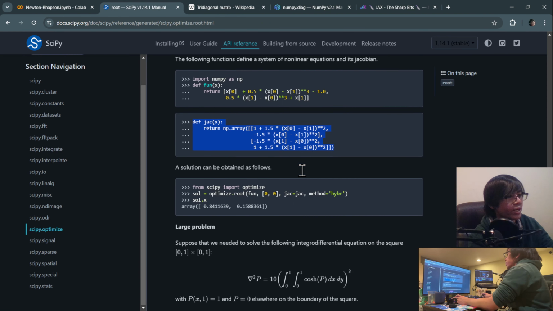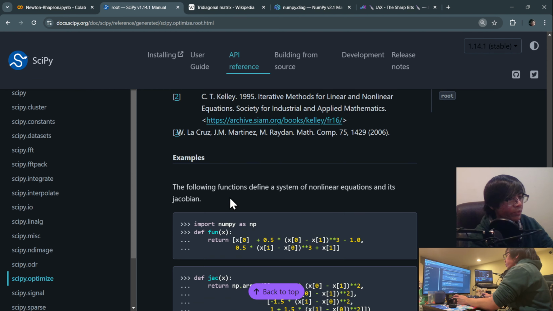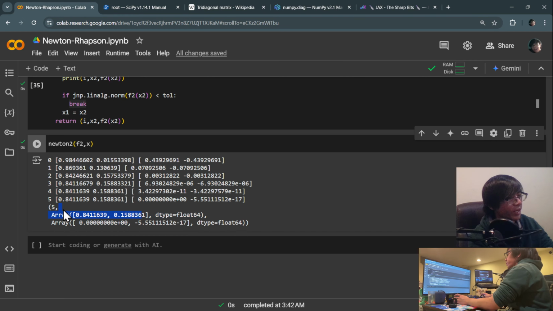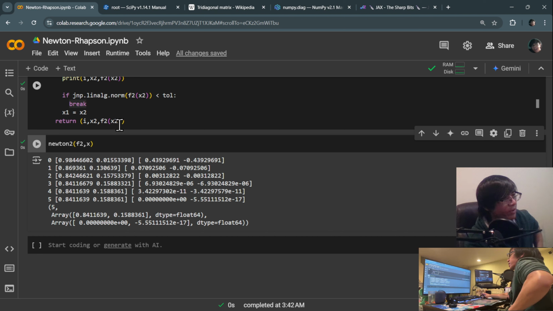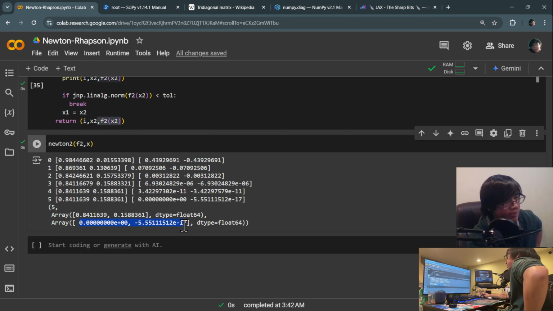Let's see if we got it. They plugged it in: 0.841 and 0.158. Perfect, we got it exactly. Awesome. And then we also return the values of our functions at the roots. These are approximately 0, around 10 to the negative 17. That's a 0 in my book, and it should be for our uses here.